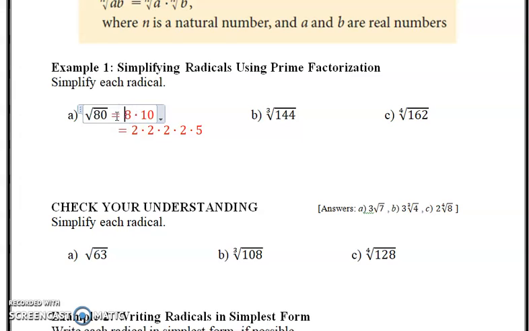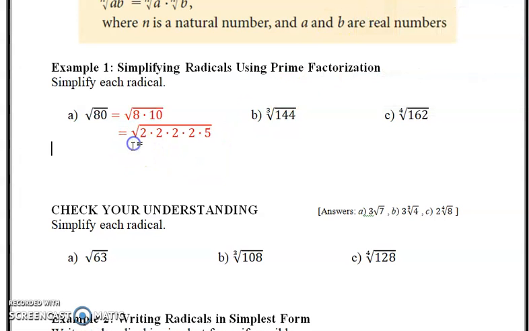This should still be under a radical. My apologies, I'll fix that. I didn't mean for the radical to disappear on me. Same with this, it also should be written underneath as a radical. There we go, that's better.